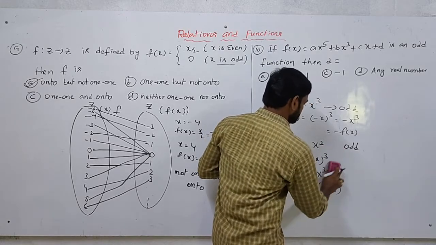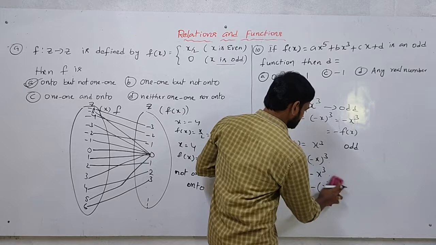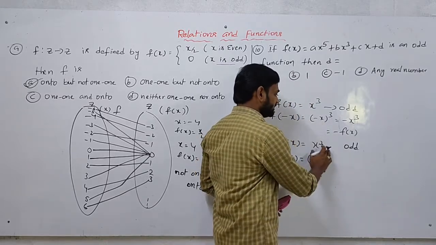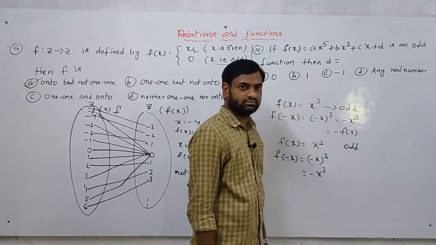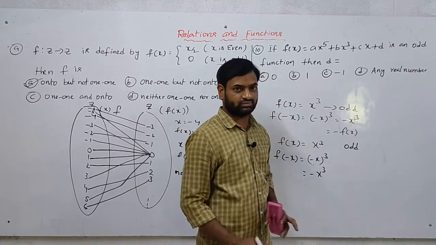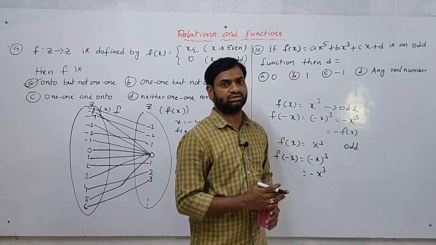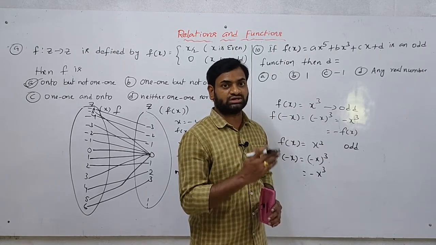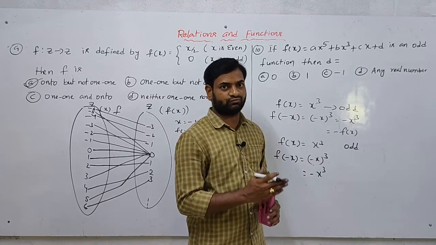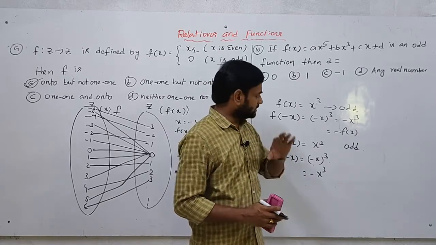Then compulsorily, we cannot take a constant here. To prove that one is an odd function, the constant term should compulsorily be 0. Except 0, if you have anything, it is not an odd function.